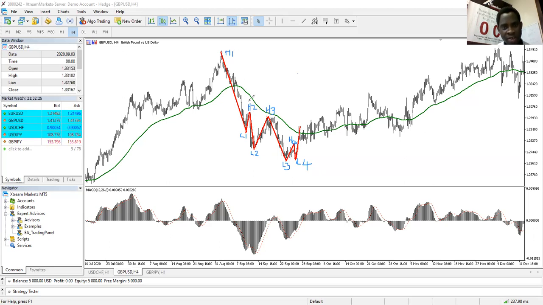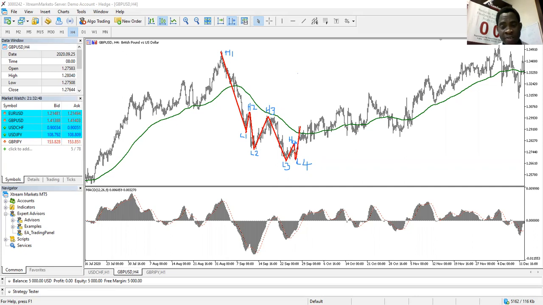That means H2 will be lower than H1, H3 will be lower than H2, H4 will be lower than H3, L2 lower than L1, L3 lower than L2, L4 lower than L3. So that means it's a downtrend.